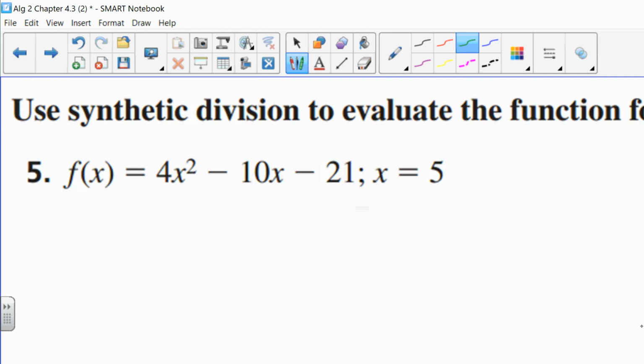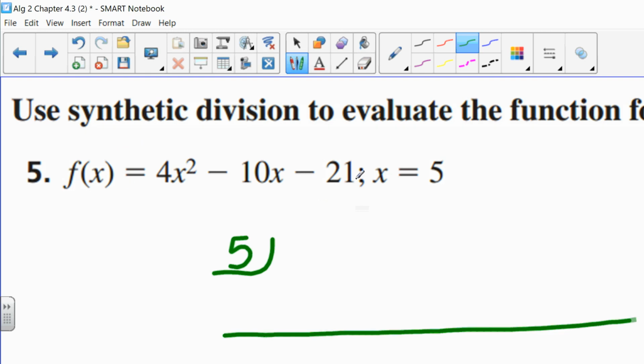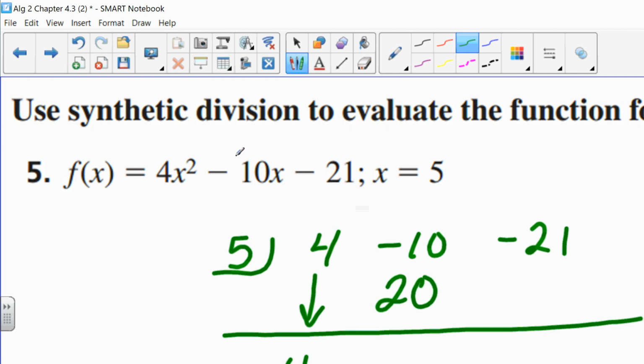And we can use this to evaluate. So let's do this again with 5, or for this one here, evaluating this function for 5. And this time we're just going to use synthetic division. So our coefficients would be 4, -10, and -21. What would we do first? Drop the 4 down and do 5 times 4, which is 20.